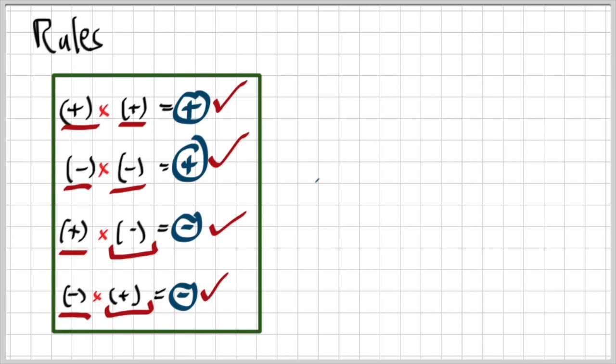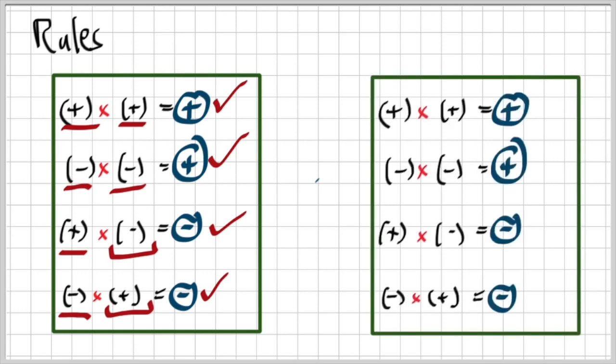Now, when it comes to division, ladies and gents, the same rules apply. 100% the same. So in other words, I just change the times into a divide. You can go and think about why that happens.